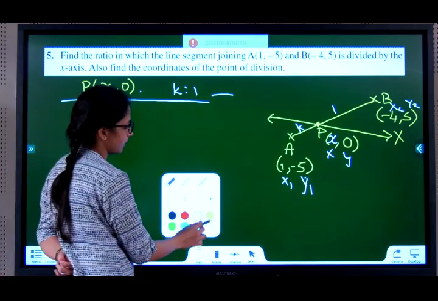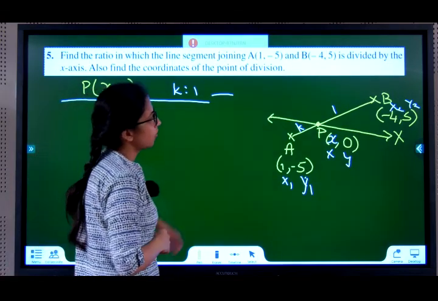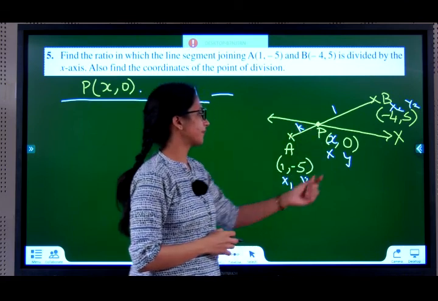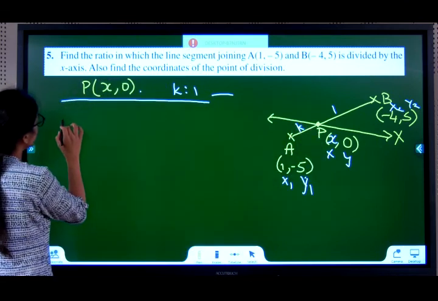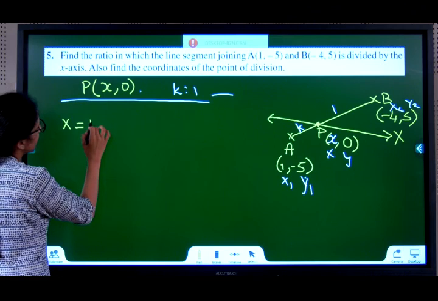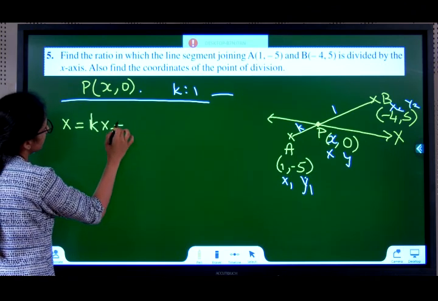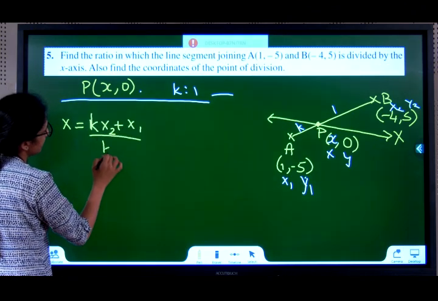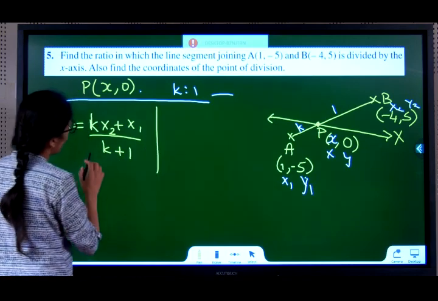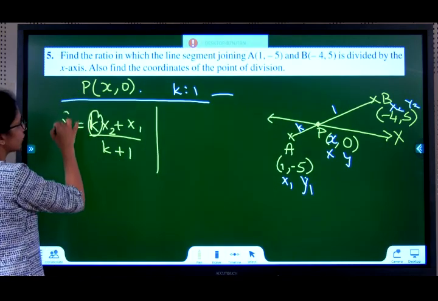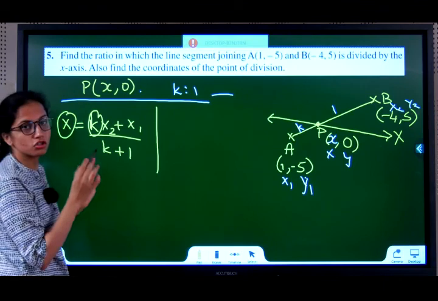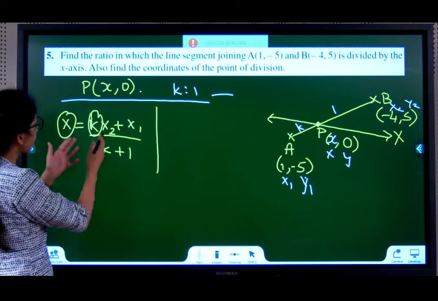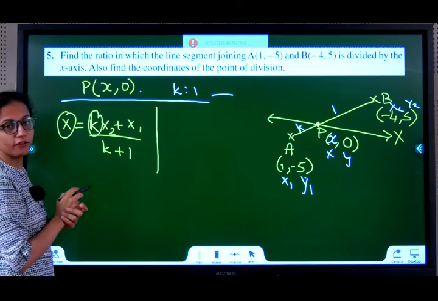The next point will tell you, I have to find the value of k. See, if I use x equals (k x2 + x1) by (k + 1), I don't know k, I don't know x. I cannot solve this. I will not be able to find the value of k.